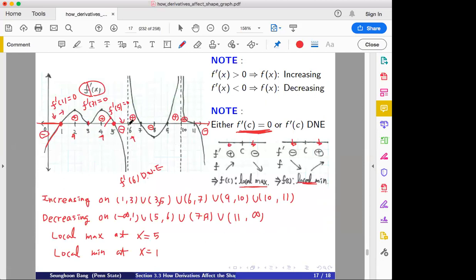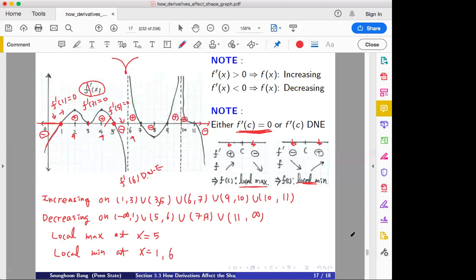Less than 6, the graph is decreasing. Greater than 6, increasing. You can just sketch the graph. Decreasing and increasing, we have a cusp. We have a cusp at 6, a local minimum at 6.